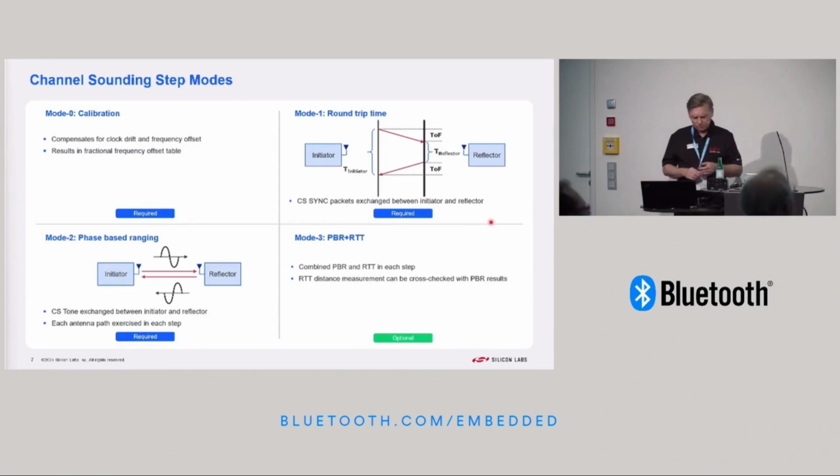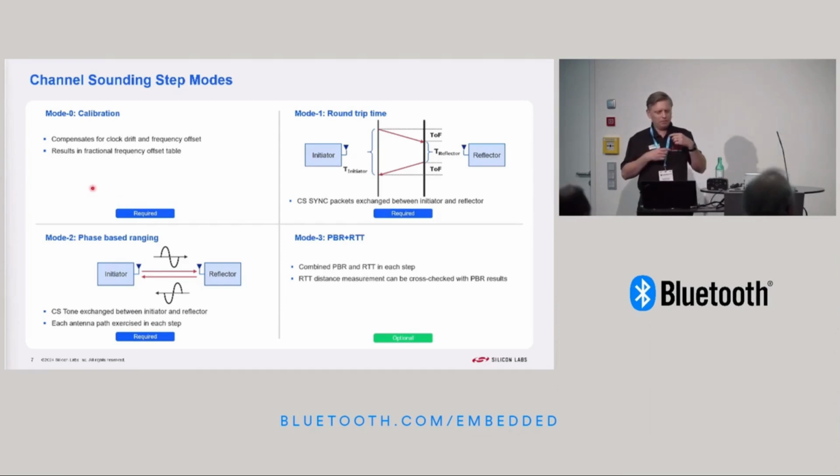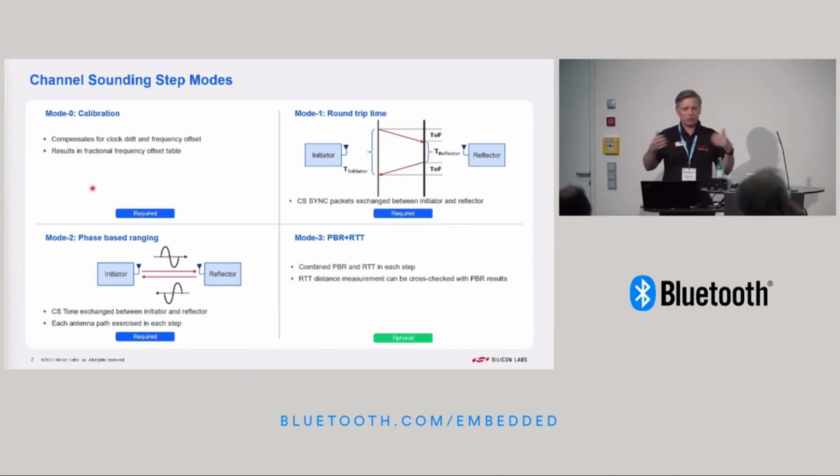So I mentioned these four modes. Calibration is a step that is used to basically compensate for expected clock drift between the two endpoints. It improves the accuracy of the IQ data that's being generated from the procedure. Mode 1 is round trip time.